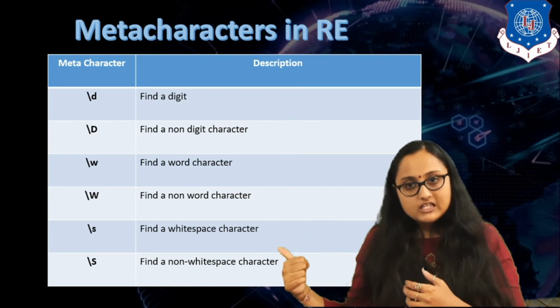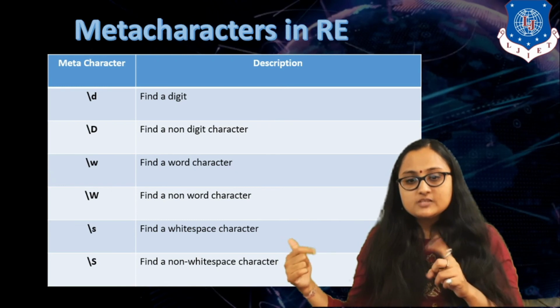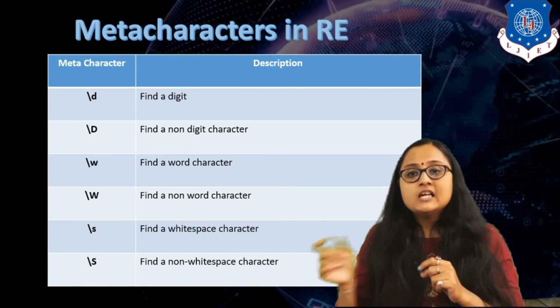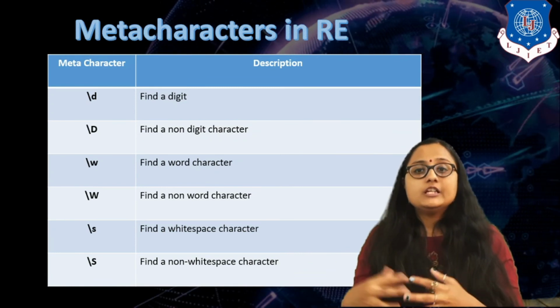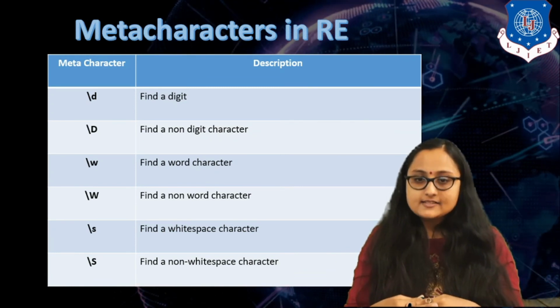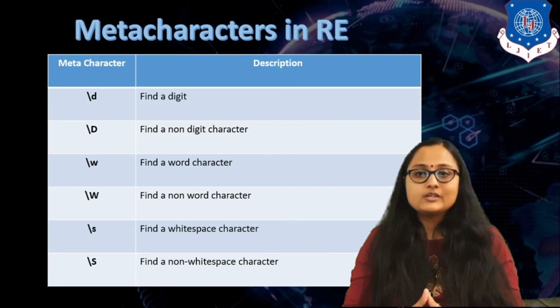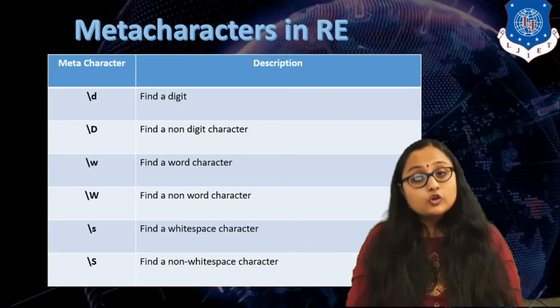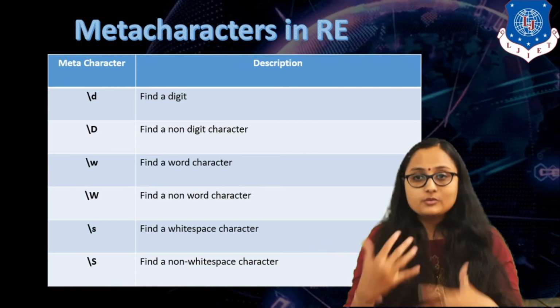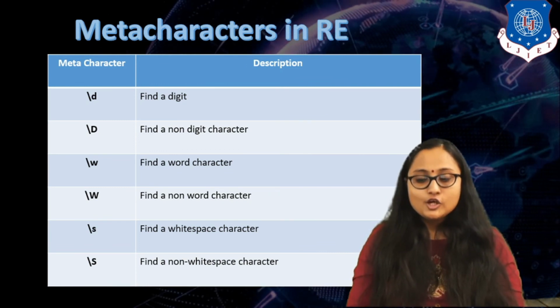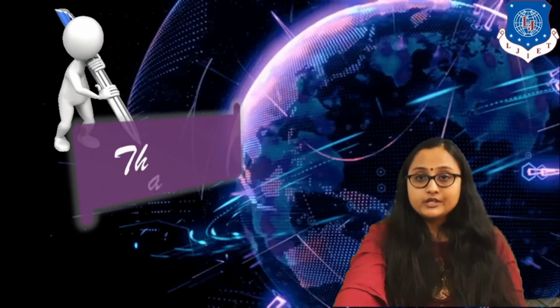So if you want to find minimum one white space, you will use small s. If you want to find minimum one non-white space character, then you will use capital S. So these are the shortcuts, or meta characters, that you can also use in your regular expression for making a pattern, right? So this was all about quantifiers and meta characters in regular expression.